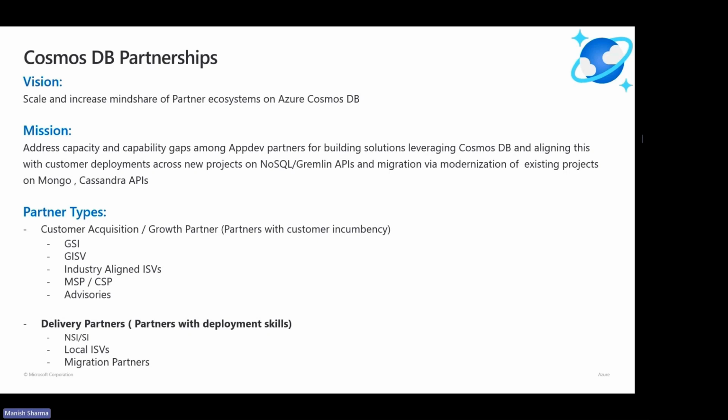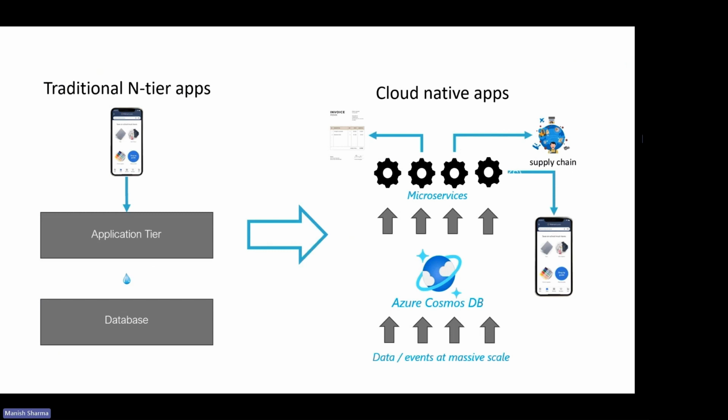We have offerings for all types of partners: GIC, GSI, industry-line ISVs, MSP, CSP, advisories, or local SIs, as well as regular SIs and migration partners. There are some channel partners who would like to do SI work. That's another area we are also open to.